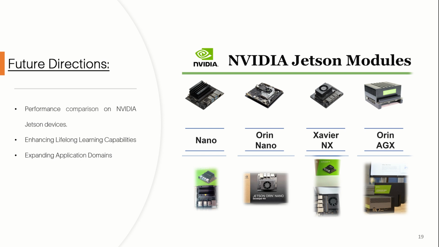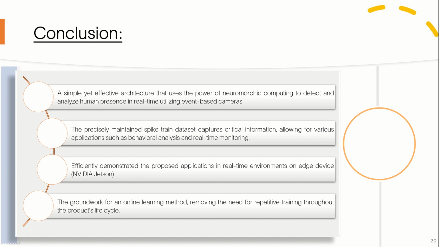And expanding the application domain: we are thinking to expand this application beyond human object detection to detect further objects, where we give the initial dynamic learning concept, and then the model keeps the data for future learning.